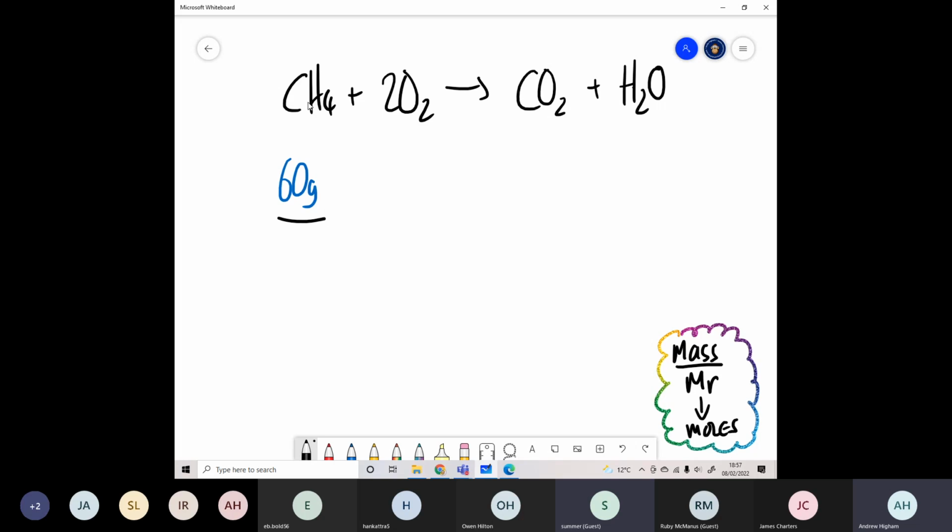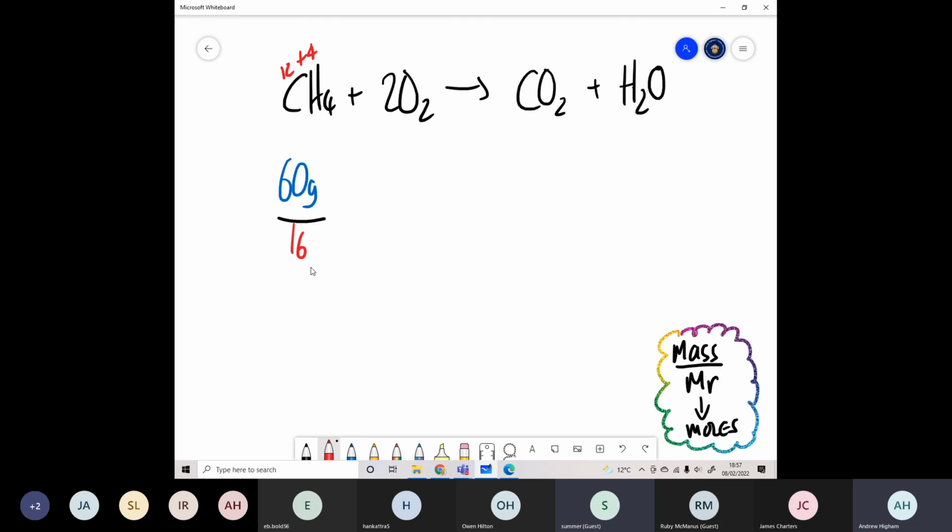So all we need now is to work out the MR of this. Now, they might give you it, but a quick recap: we've got 12 and 1. So one lot of 12 is 12, and 4 lots of 1 is 4. So 12 and 4 will give us 16. Okay, so we're now going to work out the number of moles of the methane that we started with.